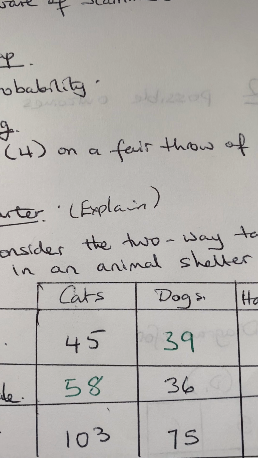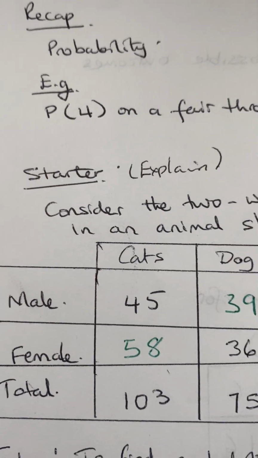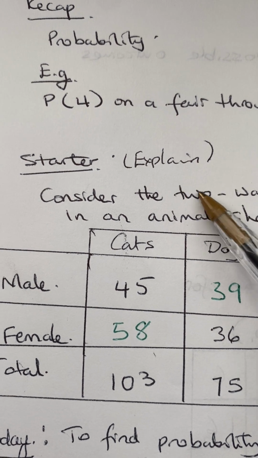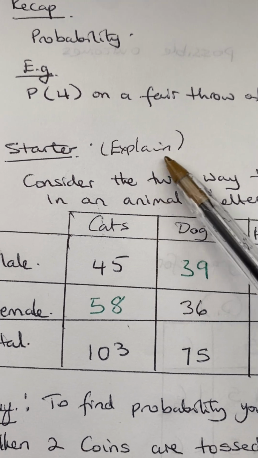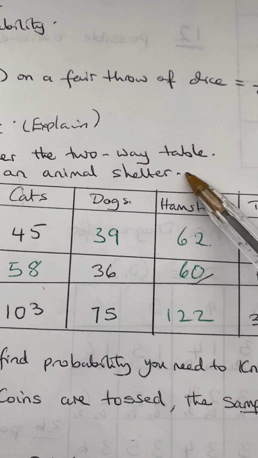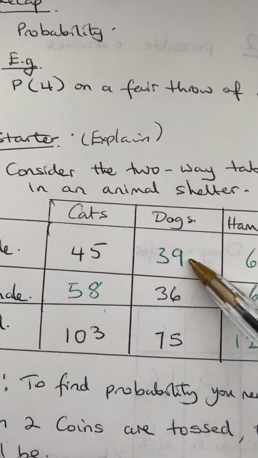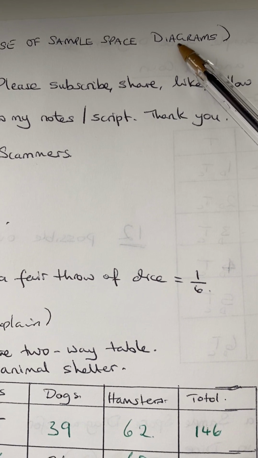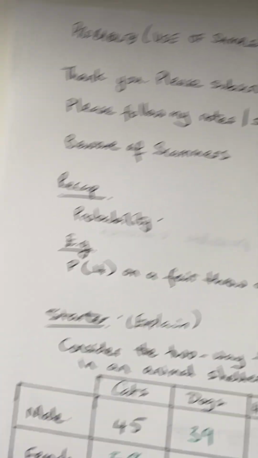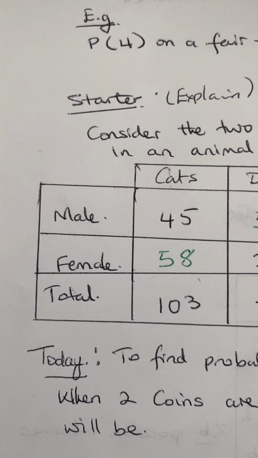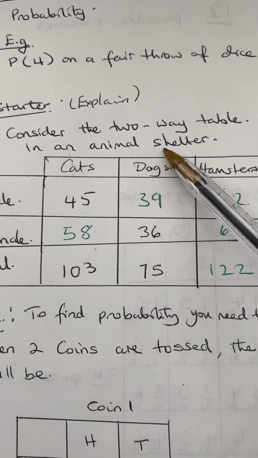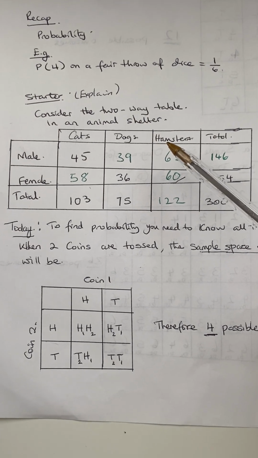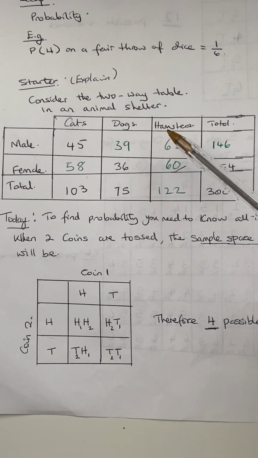This is what we discussed in our last lesson. Now I want to start this lesson today by introducing you to a two-way table, because we'll need it for our sample space diagram. So for instance, this is a two-way diagram here. You can pause and have a quick look.